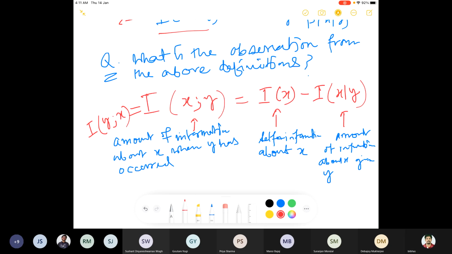You can say this as amount of information or amount of uncertainty. That does not matter, because we said uncertainty and this thing, they are just same. Uncertainty about X given Y.